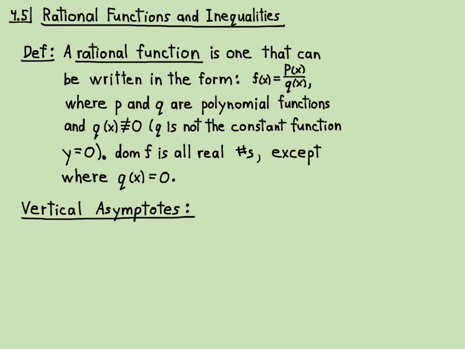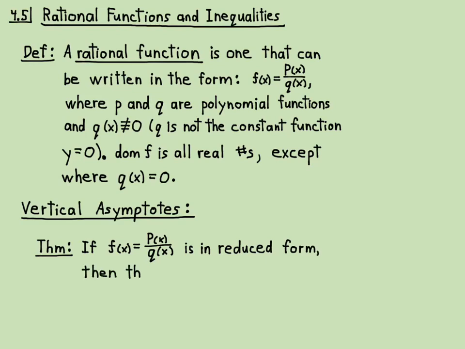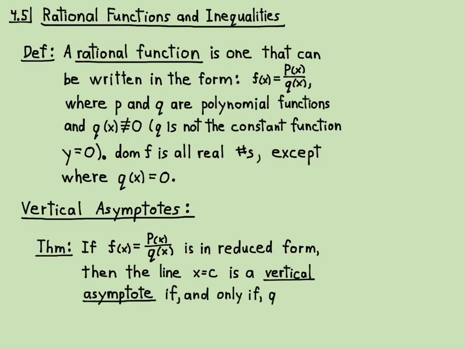Okay, we need to talk about asymptotes. And that's one of the reasons there's so many videos in this lecture: different types of asymptotes and asymptotic behavior. So, vertical asymptotes. Theorem: if f of x equals p of x over q of x is in reduced form, that's important, then the line x equals c is a vertical asymptote if and only if q of c equals 0.